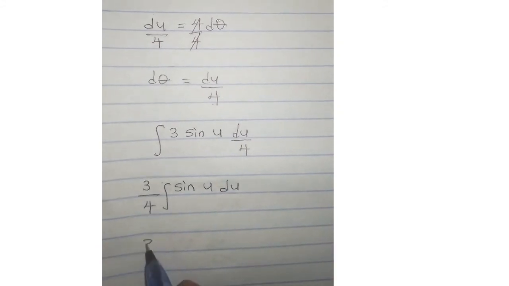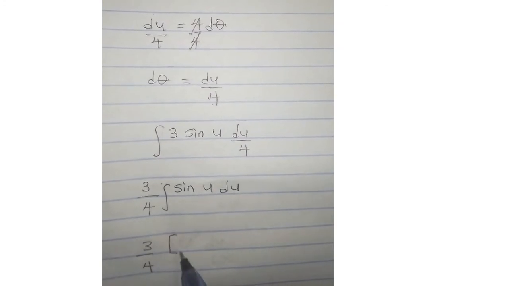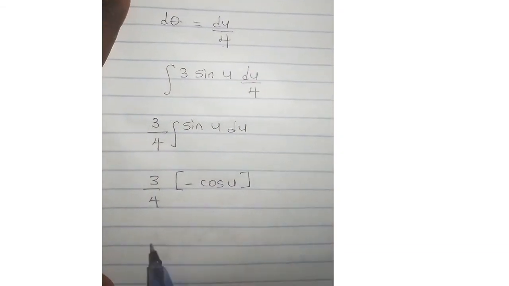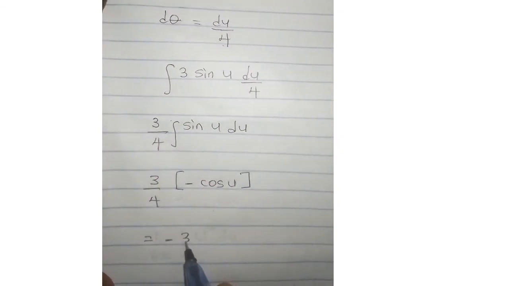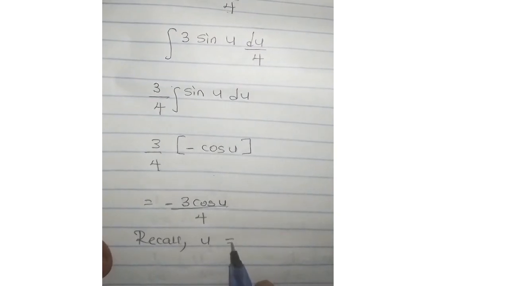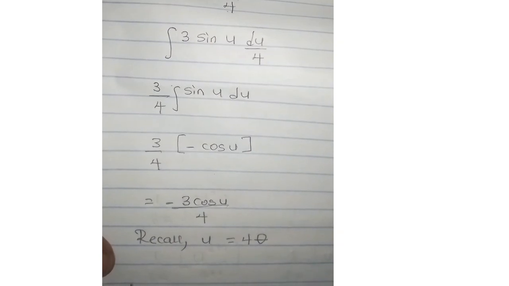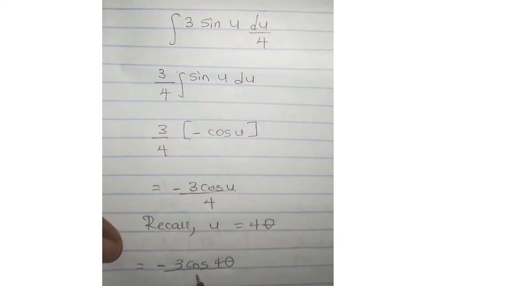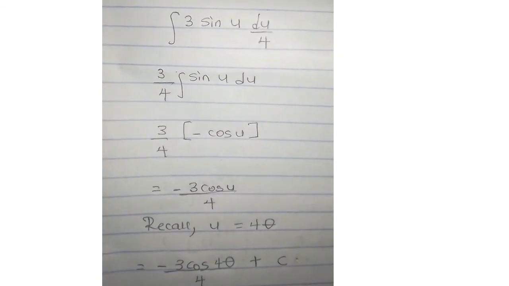So when we multiply, we have negative 3 cos u all over 4. And we recall that our u is equal to 4 theta. So we're going to have negative 3 cos 4 theta all over 4 plus c. So this is the answer.